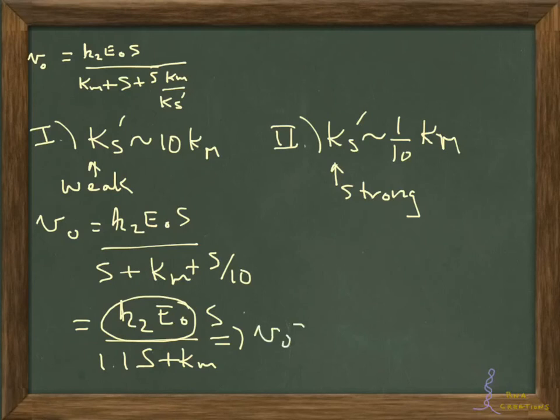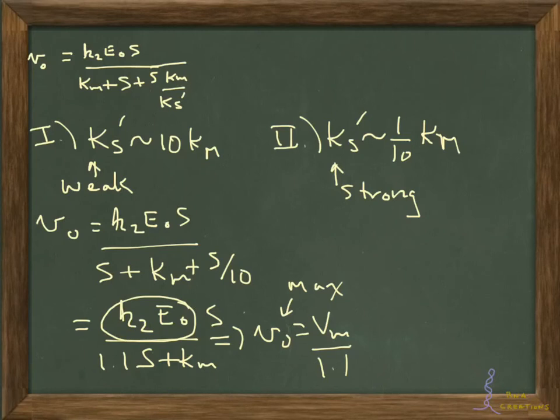V naught is equal to V max when S is much bigger than Km, it'll be S over 1.1 S, or V max over 1.1. So that's the maximal. So there's very little effect.